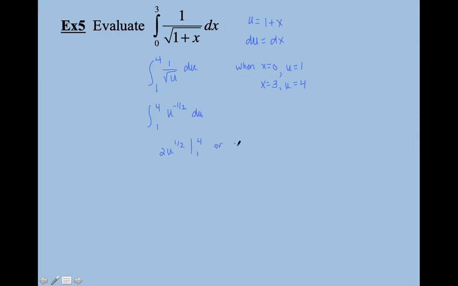Or if you'd rather think about it with square roots, 2 times the square root of u, evaluated from 1 to 4. So first I put my 4 in there. I have 2 times the square root of 4 minus 2 times the square root of 1. Square root of 4 is 2, 2 times 2 is 4, minus square root of 1 is 1, 1 times 2 is 2, and 4 minus 2 is 2.